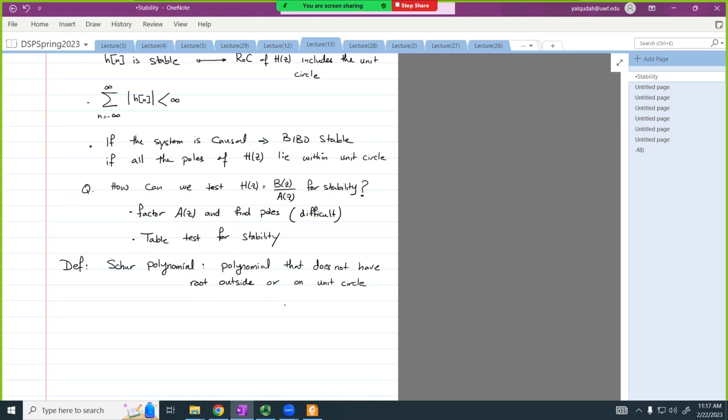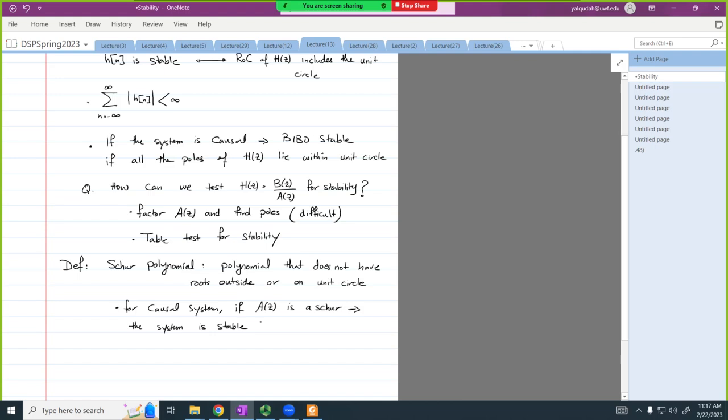So therefore, if we're talking about a causal system, which is what we are talking about, for a causal system, if A(z) is a Schur polynomial, then the system is stable. Does that make sense?